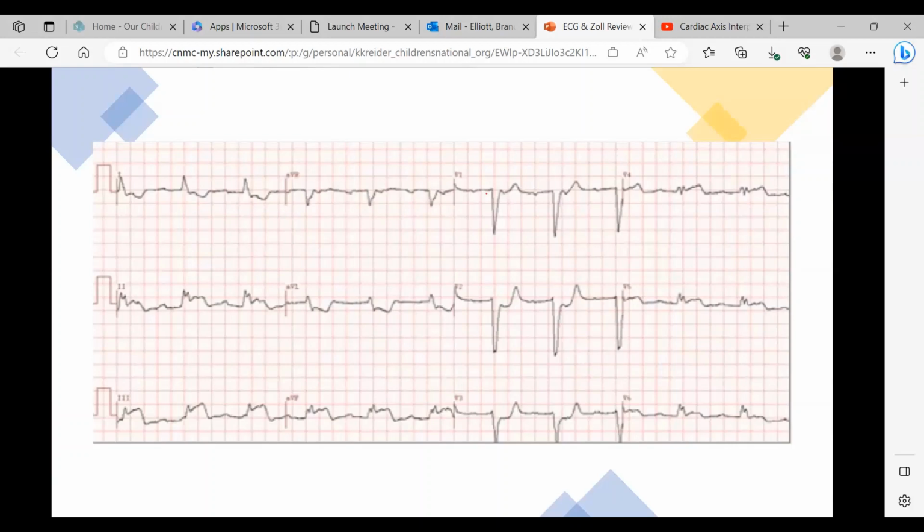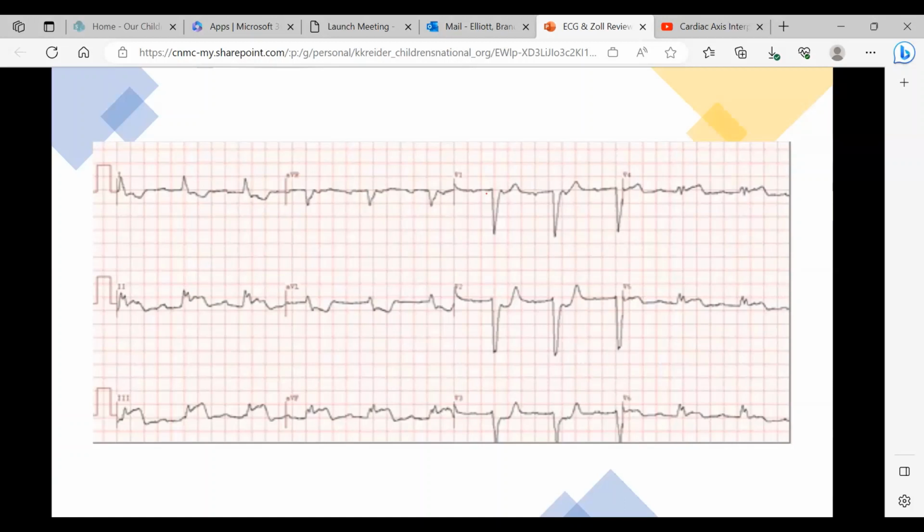And then you see reciprocal depression in AVL. And what is that elevation in 4 and 5? Let me see the numbers. No, it's not. It's not depression in 1.